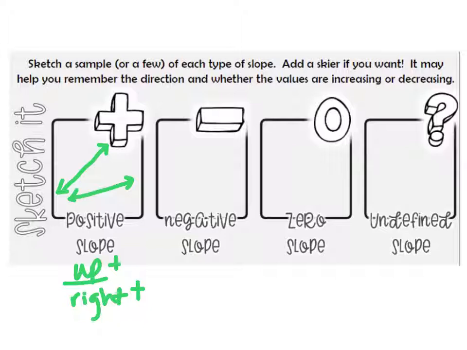A negative slope means that you are going down and right. Down is negative, right is positive. A negative divided by a positive is a negative. Or you could be going up and then left.